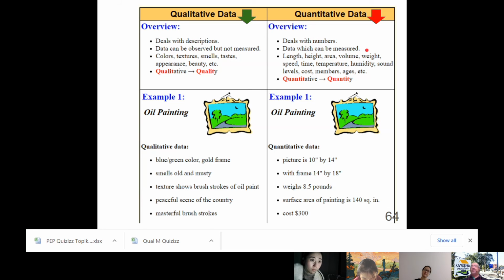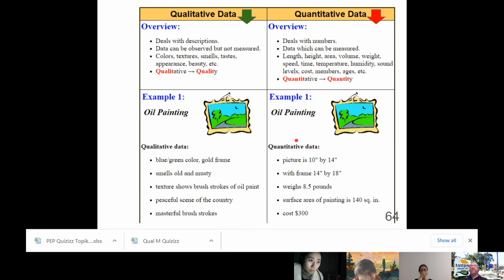For example, measurement in terms of length: you could see the length of the picture, how big is the picture, the height of the frame, the area, the volume, the weight, the speed, the time, the temperature, humidity, sound level, the cost, how much is it, and so on.